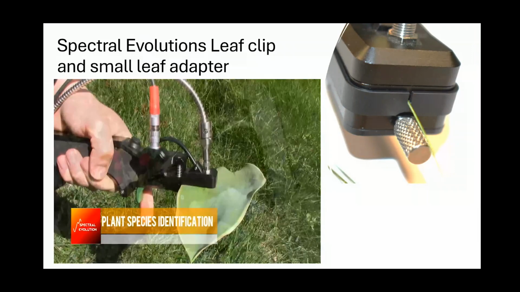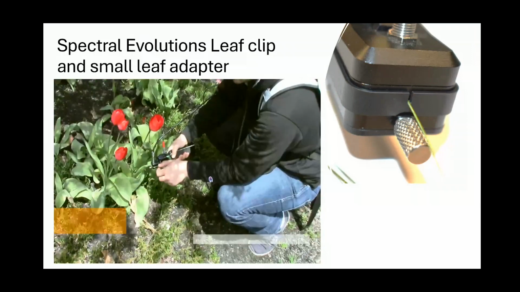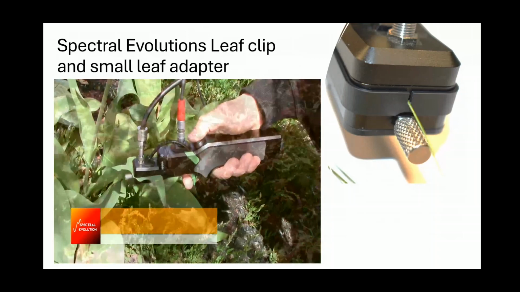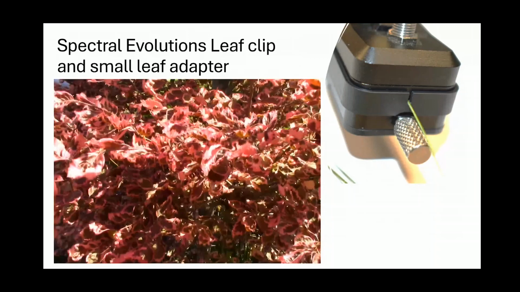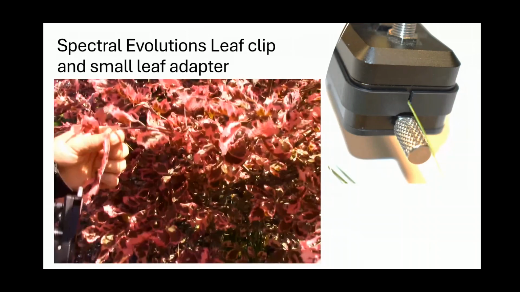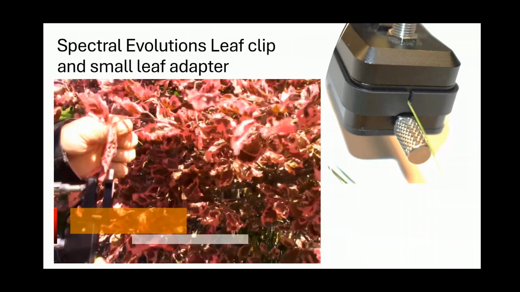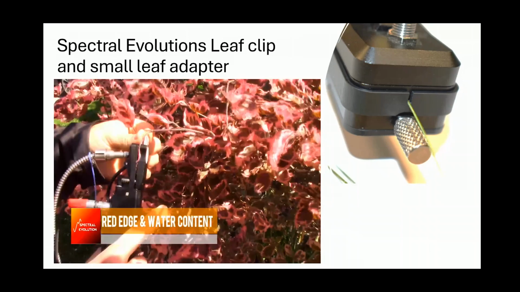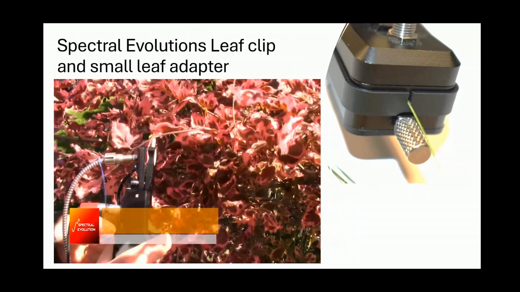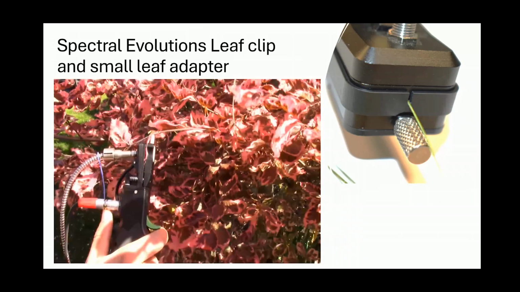As you can see, we're using it in the field here to measure vegetation health and collect spectral measurements from leaves. These can be used for red edge and water content, as well as many more applications.